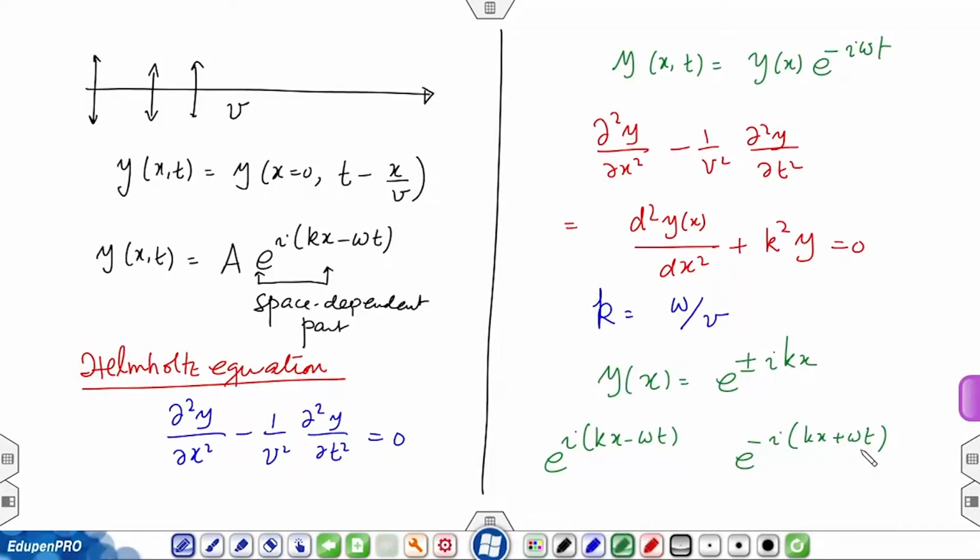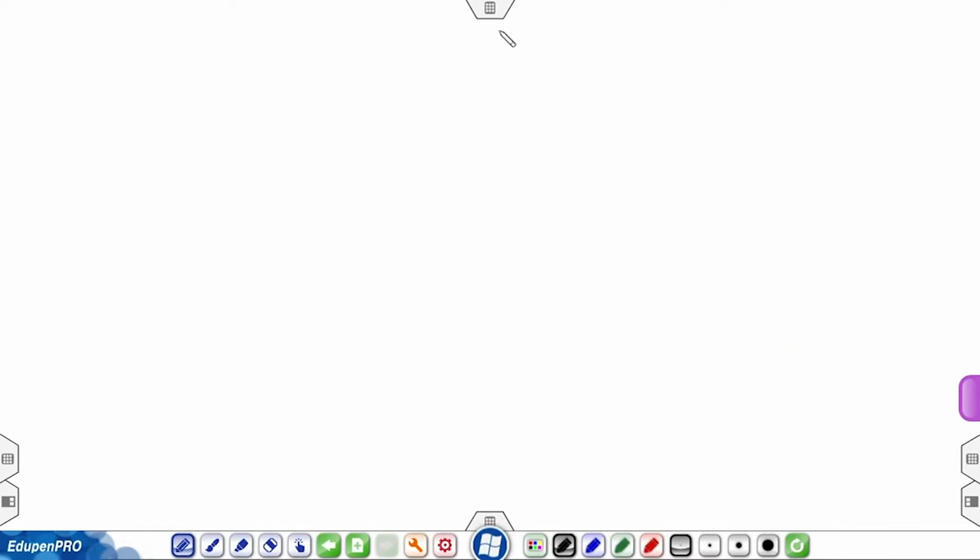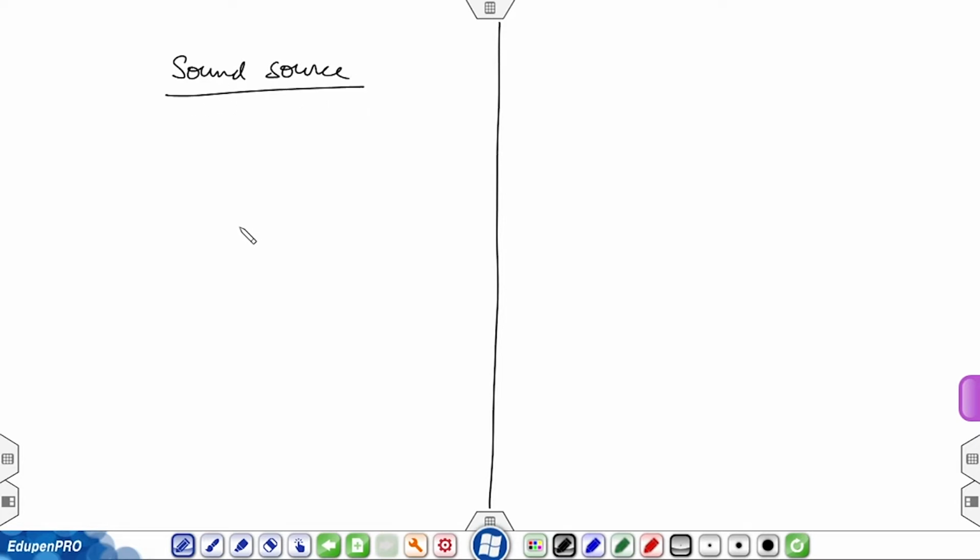Let us look in 3 dimensions. For 3 dimensions, I cannot think of a string, but what I am going to do is, suppose I have a sound source in space at some point. Here is the sound source, and it is giving out sound waves, which are traveling all around in an isotropic manner.